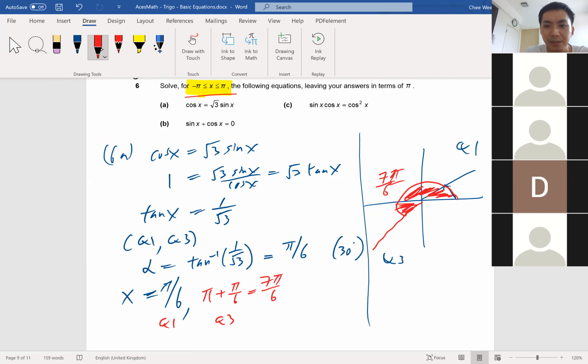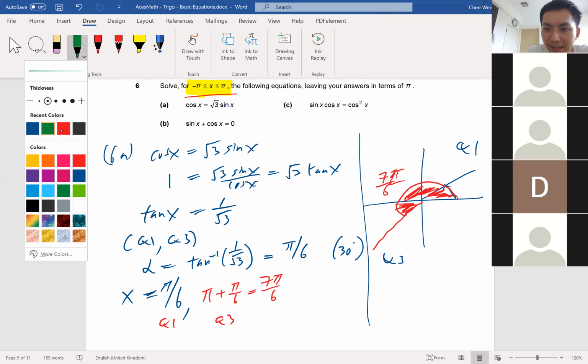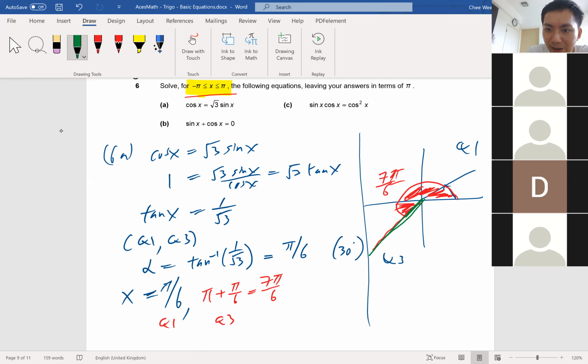So it's rejected. You will have to rewrite this into a form that fits. So what is 7 pi over 6 in terms of its negative answer? This angle here can also be derived from this angle here. The red angle is the same as the green angle, from an angular displacement perspective.